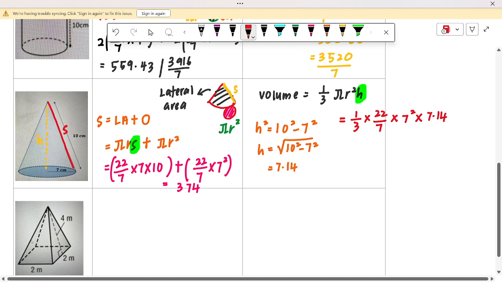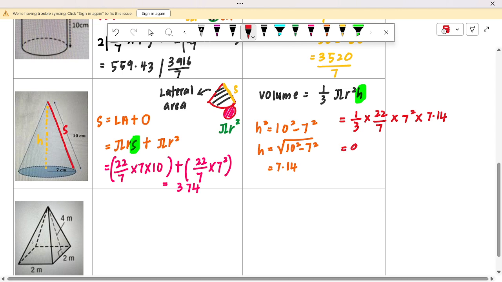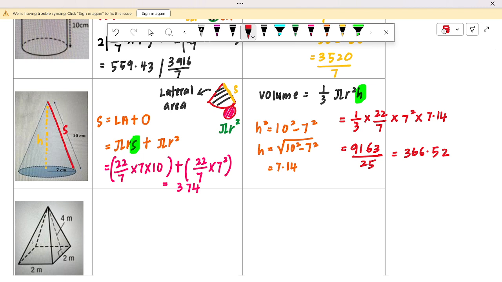So 1 over 3 times 22 over 7 times 7 square times 7.14 will give you the answer 9163 over 25, or you can leave it in decimal, 366.52. This will be the volume of the cone, 1 over 3 pi r square h.